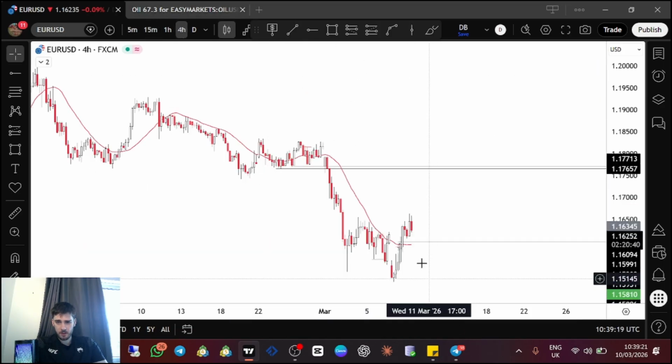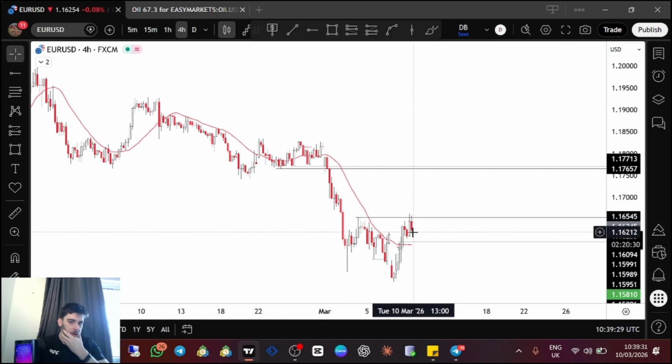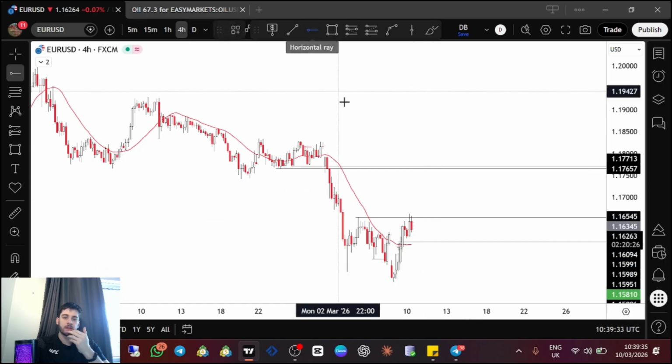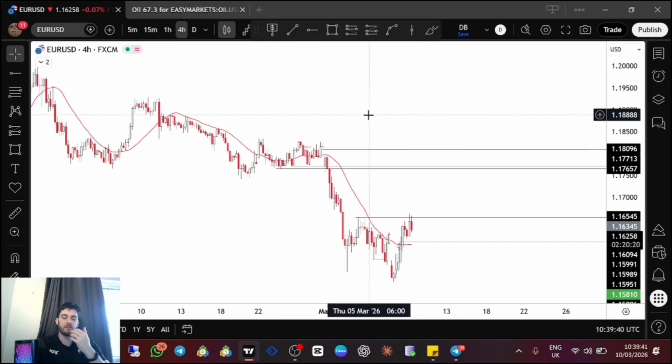So let's see this. It's looking like it's taken out the 1.16 level. It could go back down, or it could continue up. To be honest, I've just noticed that up there. Long term, it could go up to the 1.18. This is the euro.